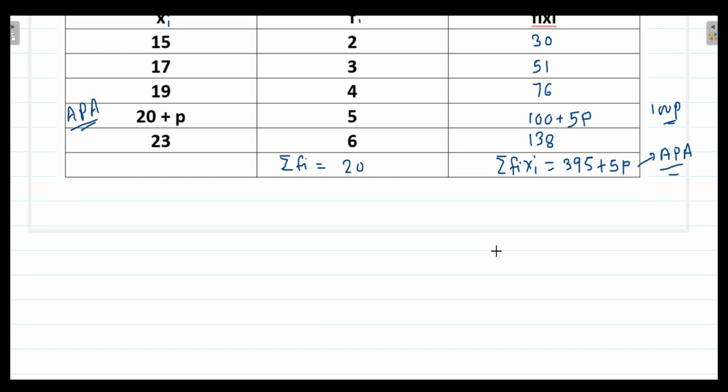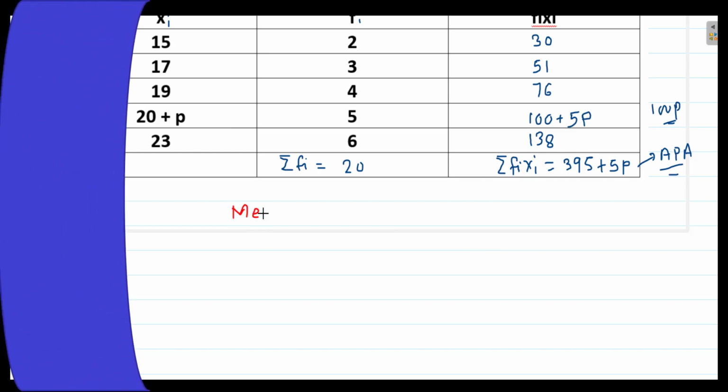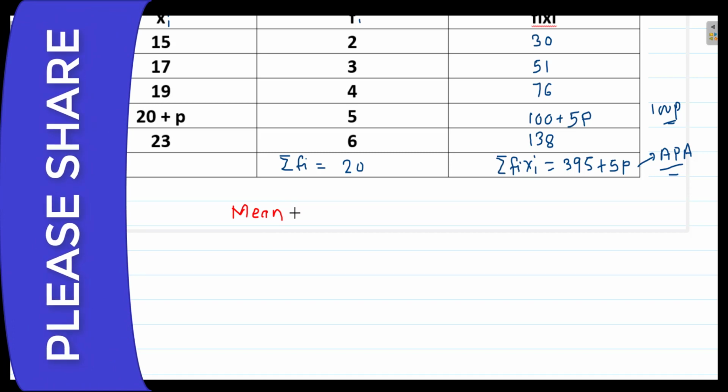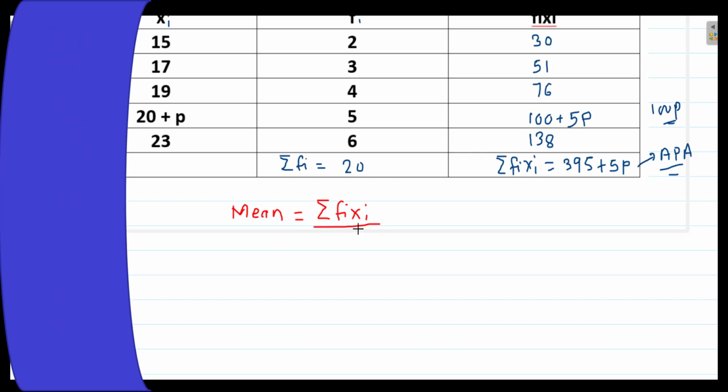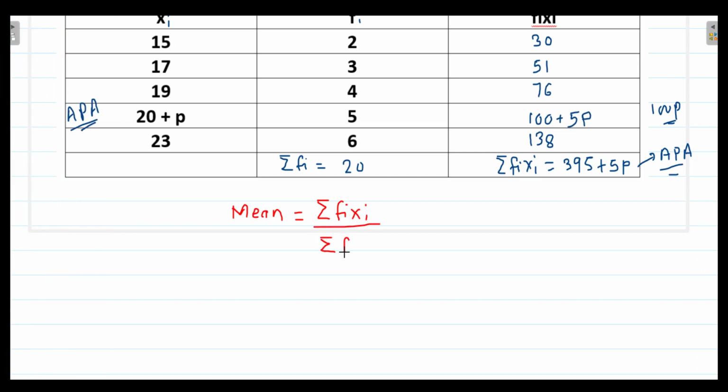We know the formula for mean, and that formula is mean is equal to summation of fi xi upon summation of fi. Mean is given to you and that mean is 20.